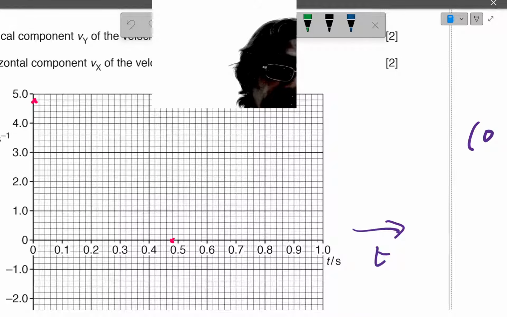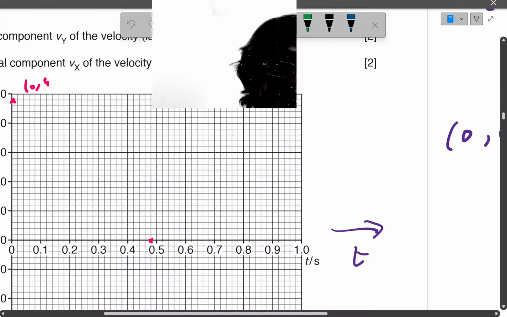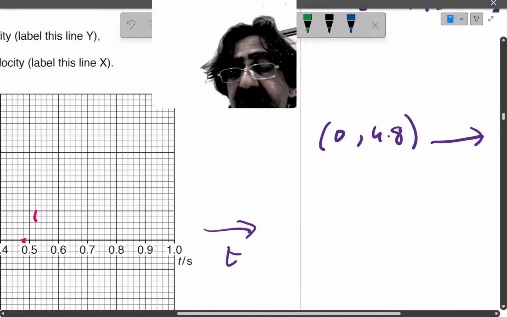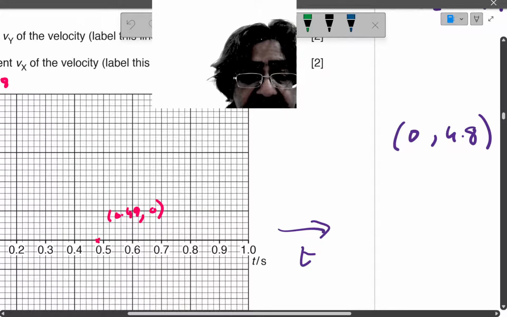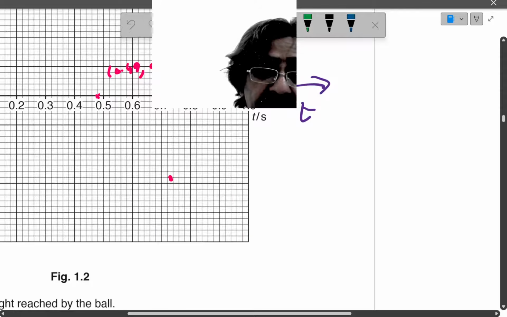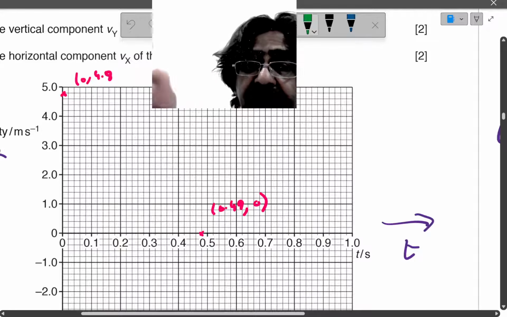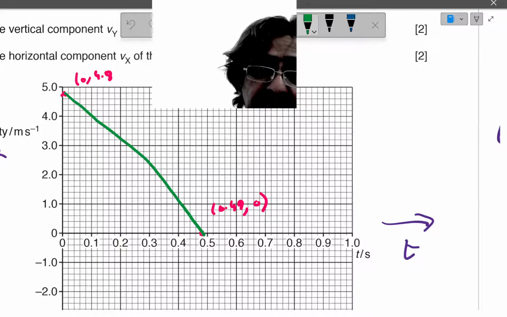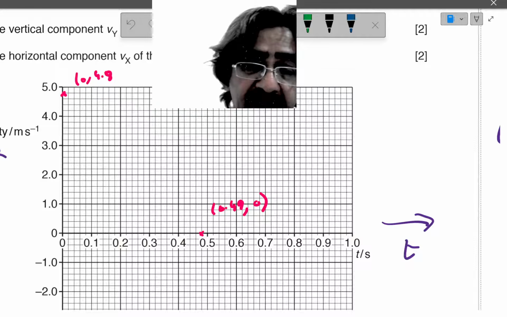So here this is 0, 4.8, and this point's coordinate will be 0.4 and 0, because the y-axis value will be 0. If I join these points with a line, sorry, I don't have a scale. You must use a scale during the exam.